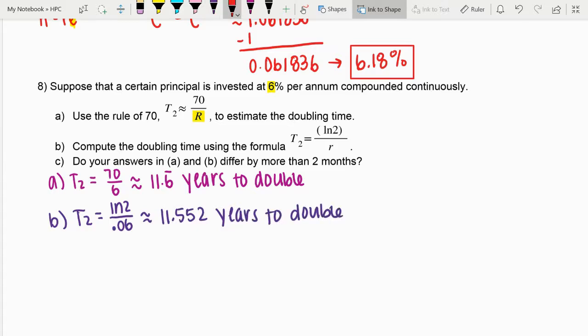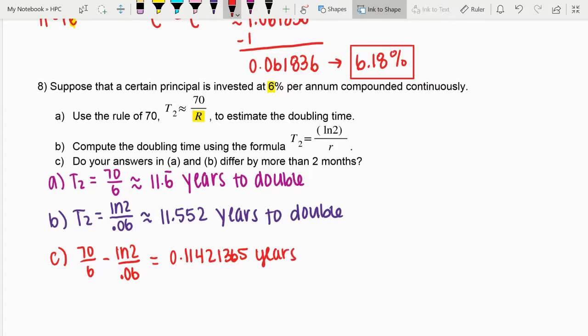And last, part C, it's asking if our answers from part A and B differ by more than 2 months. Okay, so how we want to do this is take 70 divided by 6, subtract the natural log of 2 divided by 0.06, okay, and that gives us 0.11421365 years, okay, because we've been talking about years.